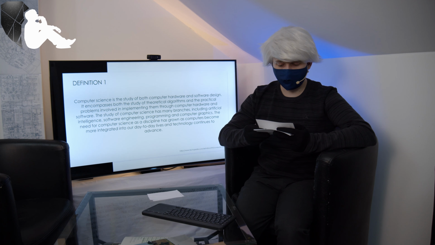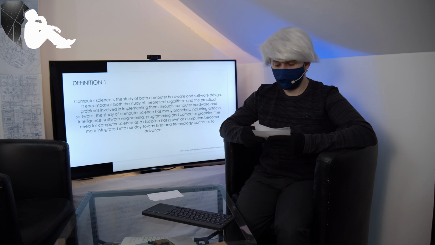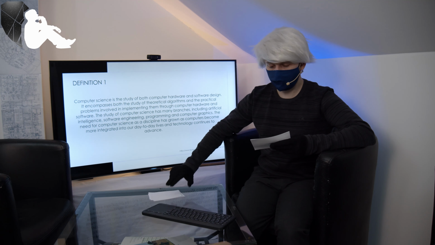The need for computer science as a discipline has grown as computers become more integrated into our day-to-day lives and technology continues to advance. So, a dense definition here, which we probably have to unpack a little, but that's something we will do later.